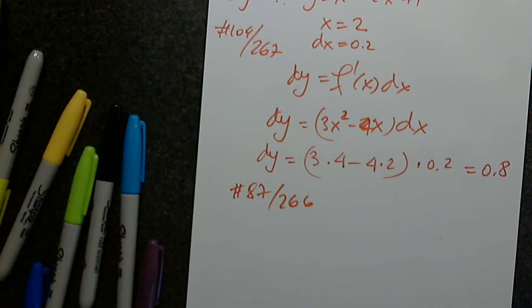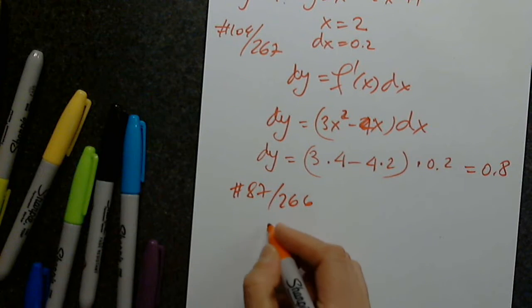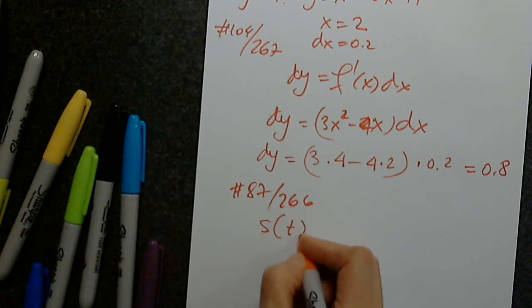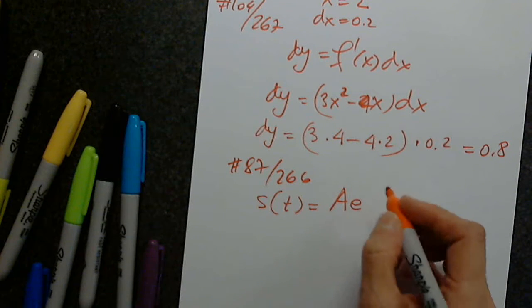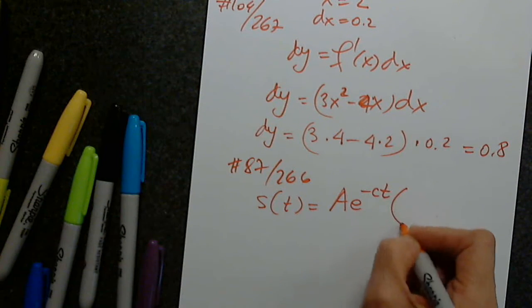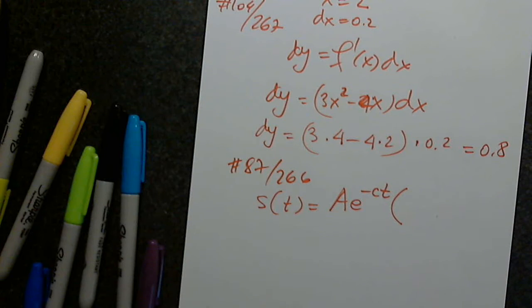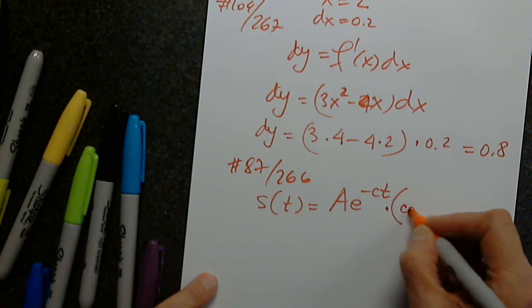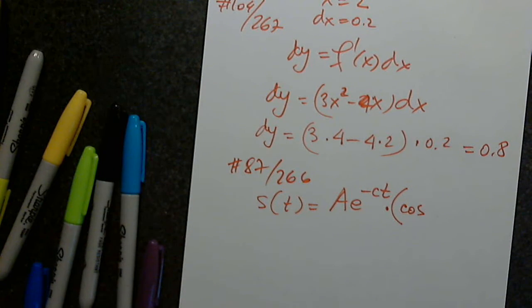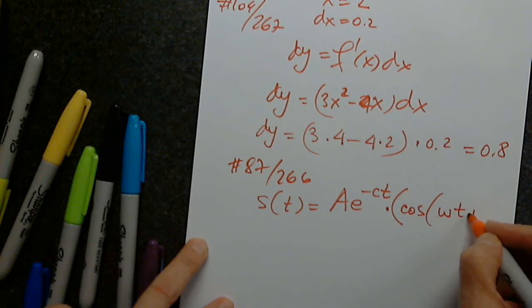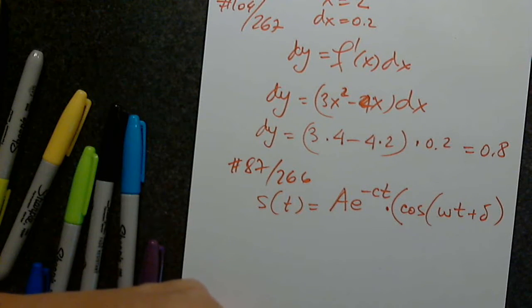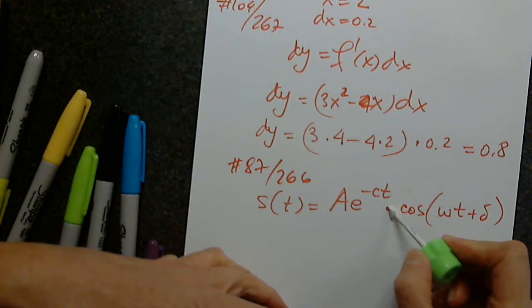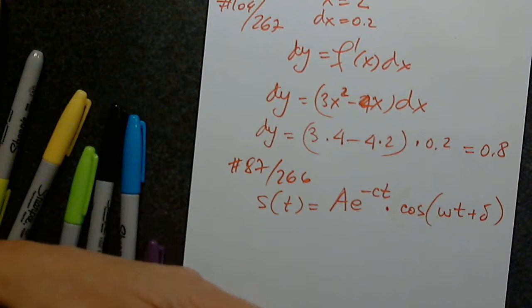An equation of motion of the form s of t is a e to negative ct times cosine of omega t plus delta.